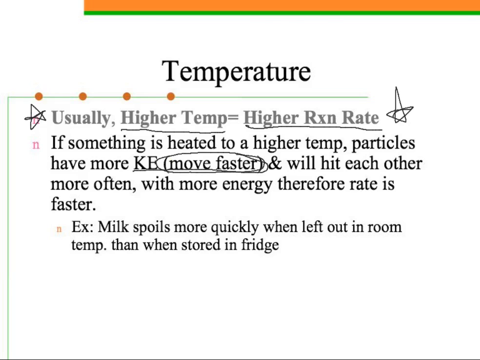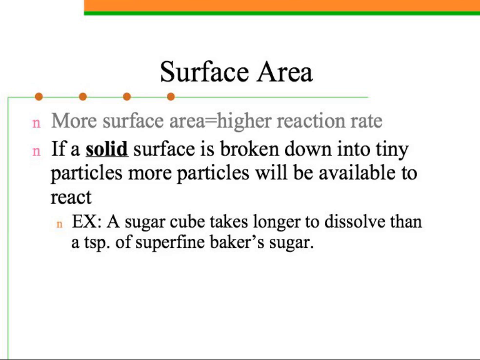That's what we're highlighting right here, that the particles are moving faster. If the particles are moving faster, then they hit each other more often with greater energy, so the rate will be faster. If they're hitting each other more often, it's more likely that they will hit each other in the right direction. And that's how temperature affects reaction rates.